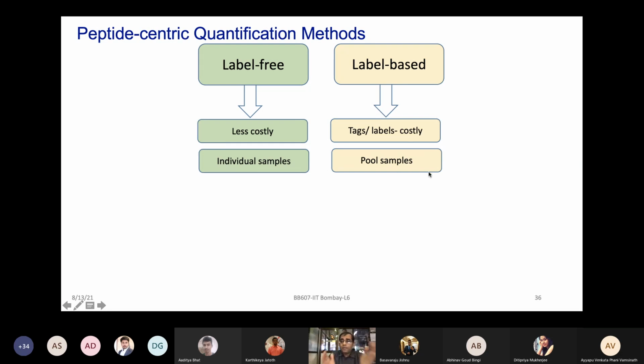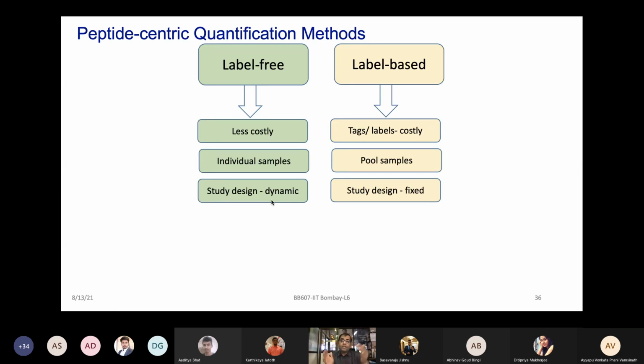In label based, you are labeling those independently, then pooling them together. Study design can be very dynamic. You need not worry about only these 10 samples you're going to do the experiment with. You can keep adding more as you get, and then reanalyze the data based on different types of features which you have. I'll just give you one example.